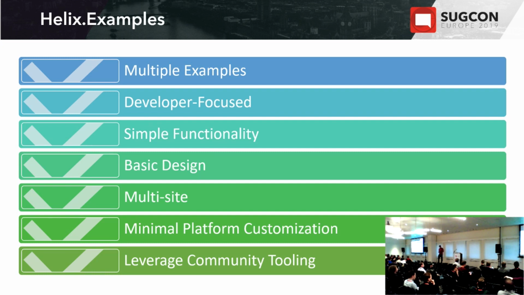We want to show multiple approaches to multi-site, different multi-site scenarios. We want to try to minimize the platform customization in these and show as much as possible how to implement Helix without extending Sitecore. And along the way, we want to leverage and showcase all the great community tooling that's been created around Helix.